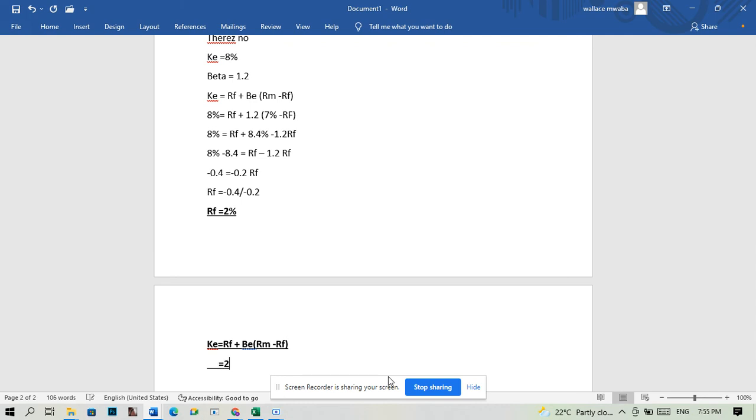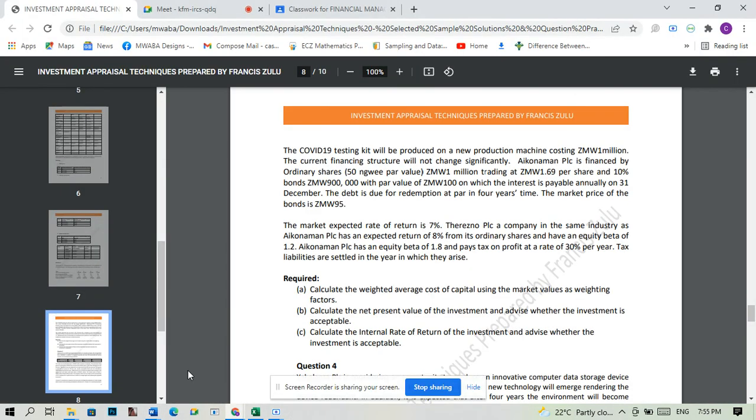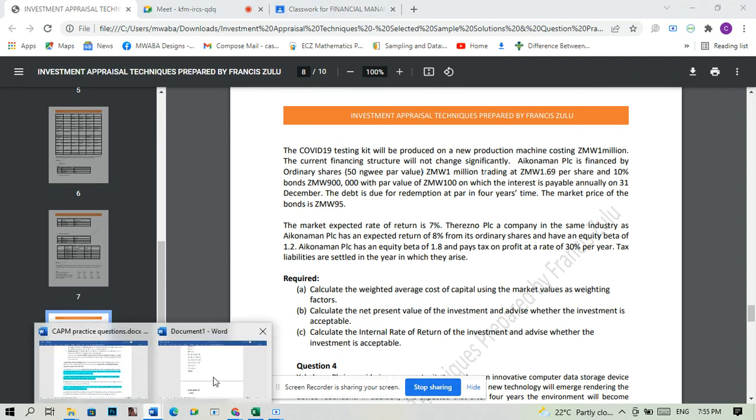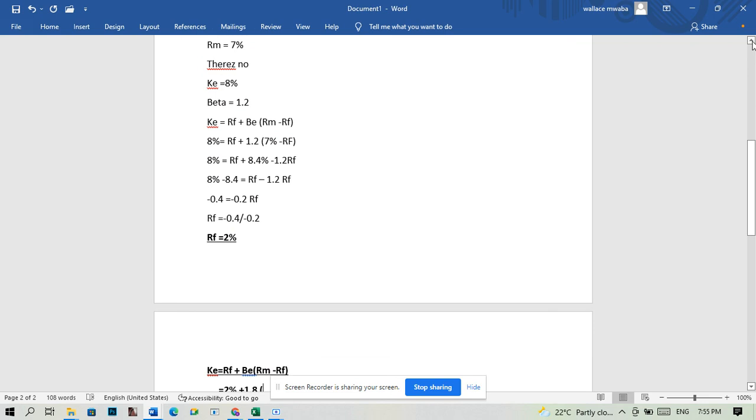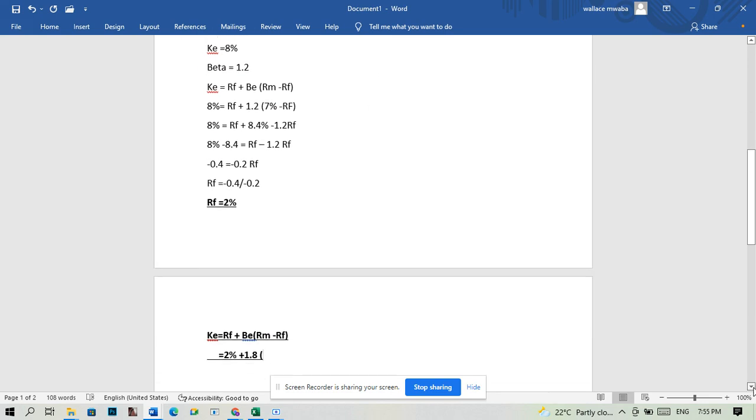RF is 2%, plus the equity beta of Iconaman was 1.8. Then the market expected rate of return is 7%, so 7% minus 2%.